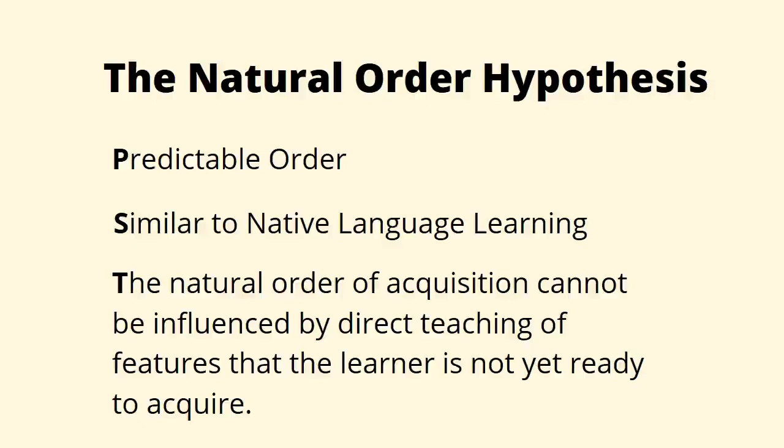And then the child starts forming 2-word sentences, and then 3-word sentences, and then somewhere in between the child adds the use of verbs. So first he learns nouns, then he comes to verbs, and then he comes to auxiliaries.